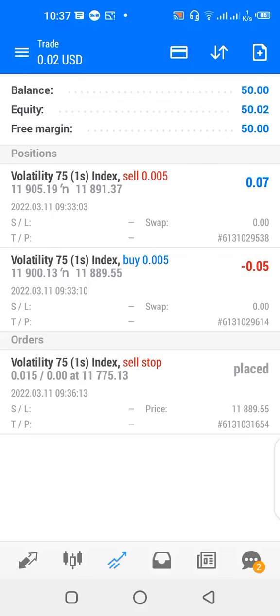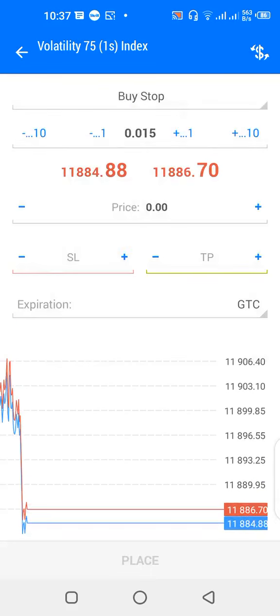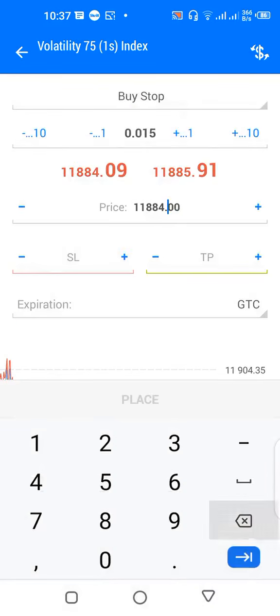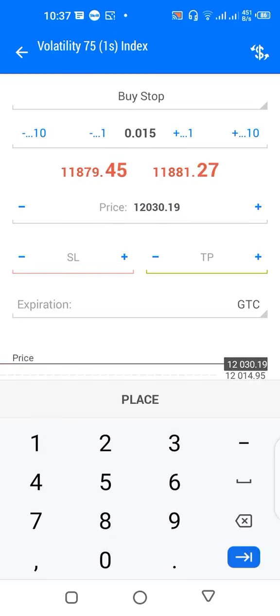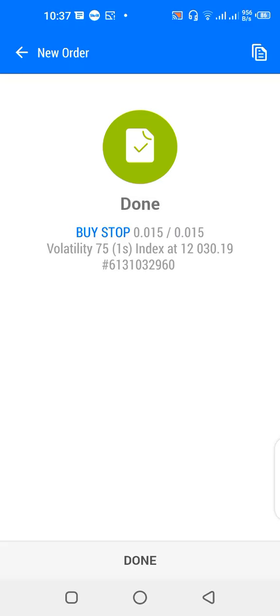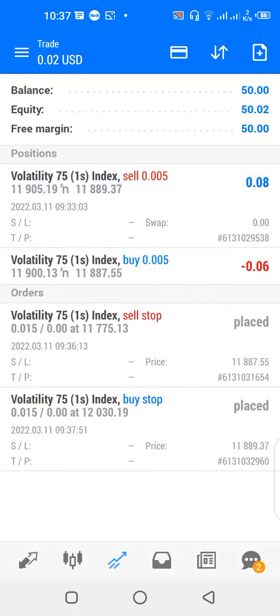And the buy stop for my sell trade will be at 125 points above the sell trade, and the lot size will be 3 times, which is 0.015. I just add 125 points to your trade price, and then you get the hedge spacing. So the buy stop price level will be 12030.19. Okay, I'm going to place this buy stop. So I have got insurance for both the running sell trade and buy trade.